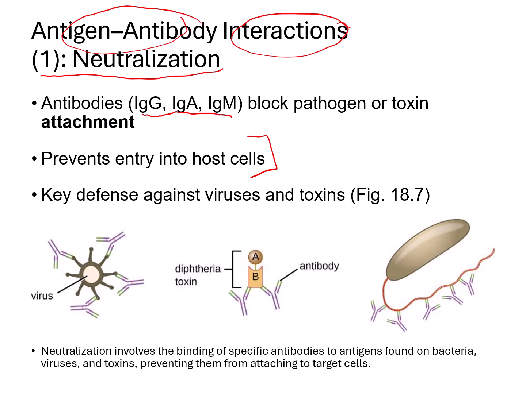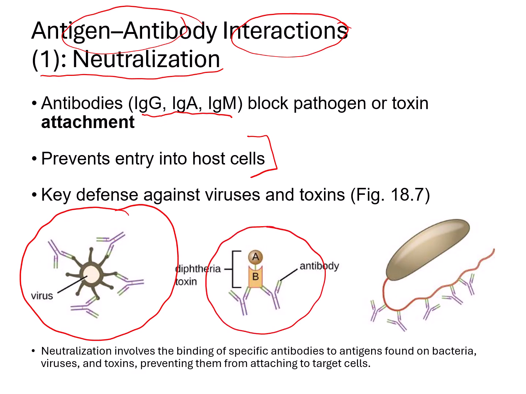So this is particularly important for viruses because blocking attachment stops infection before it even begins. Here we can see antibodies binding to a toxin, preventing it from binding to our cells. And here's another example of, looks like it's binding to a flagellum.